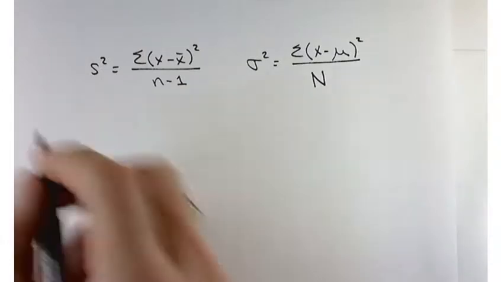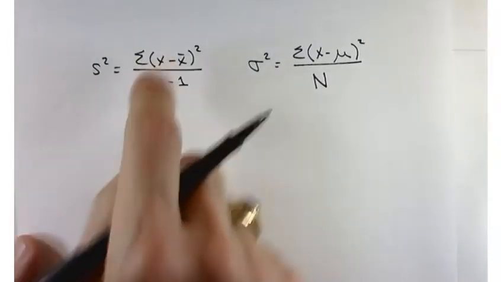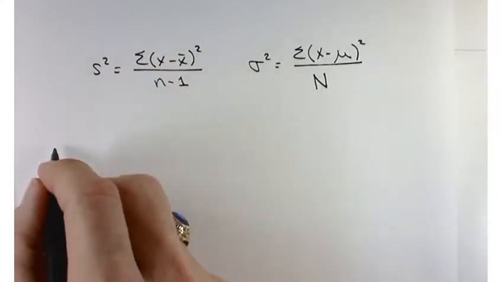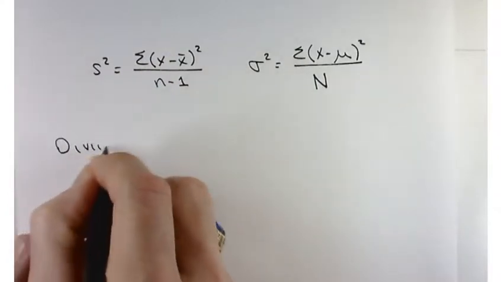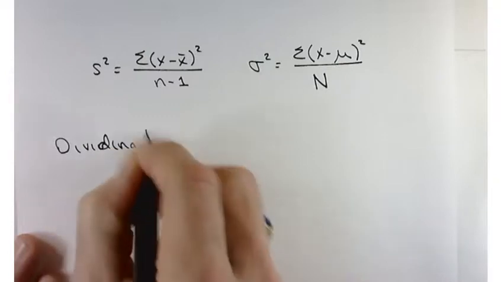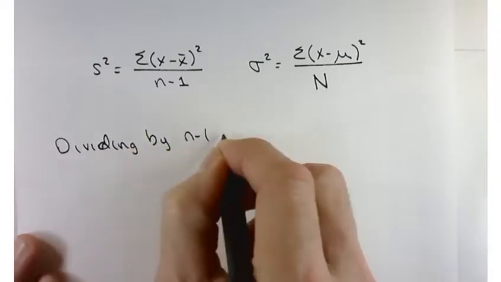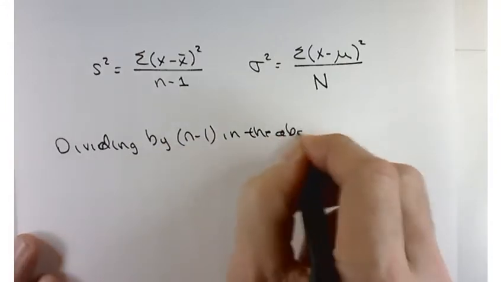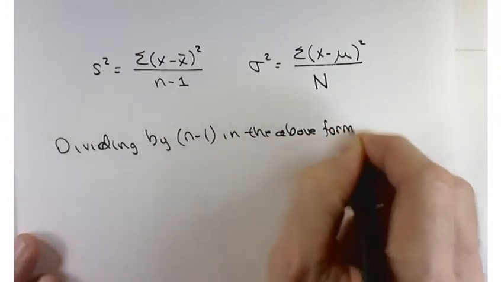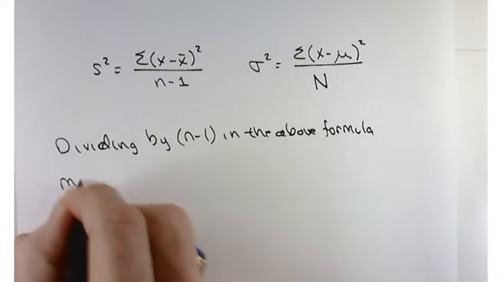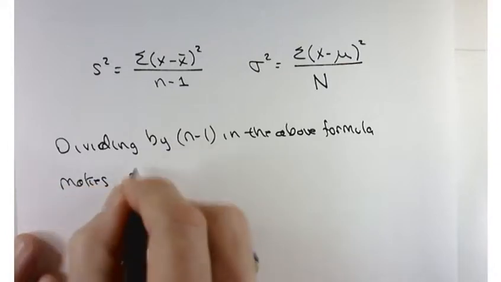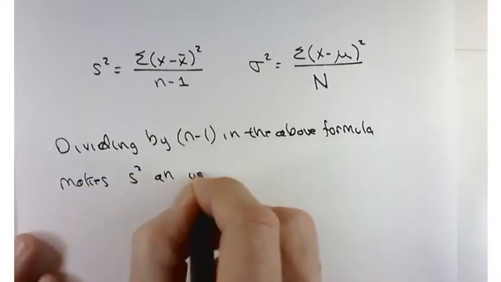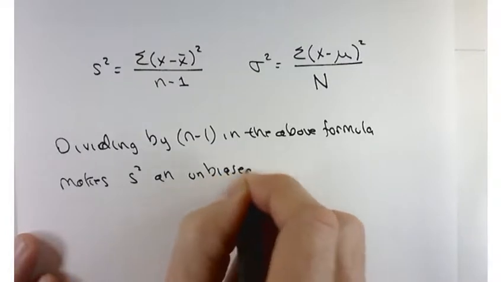It's just that dividing by n minus 1 in the above formula makes S squared an unbiased estimator.